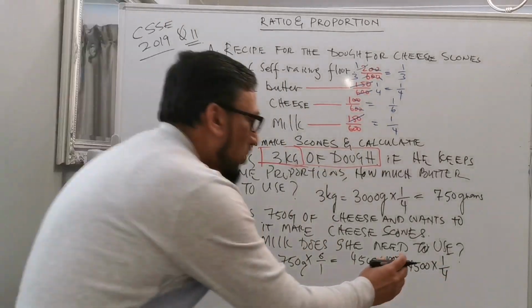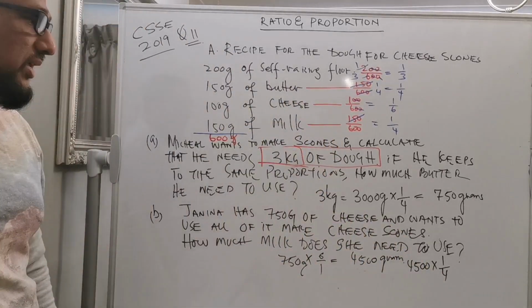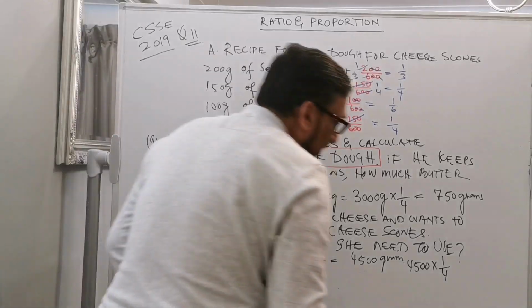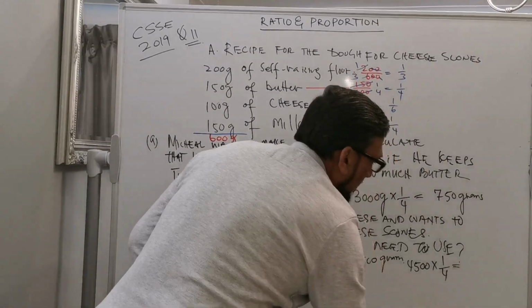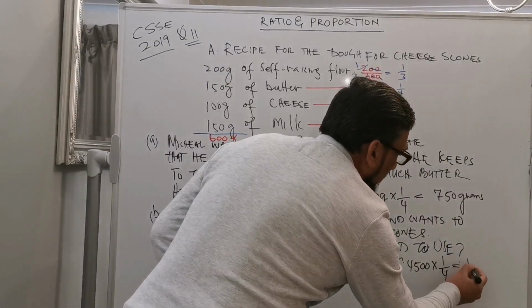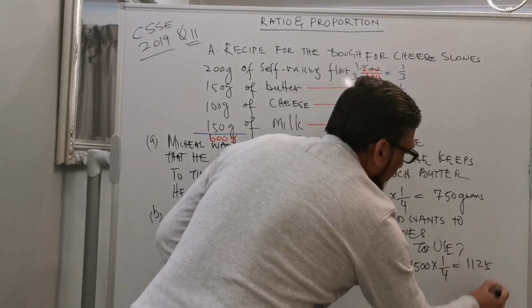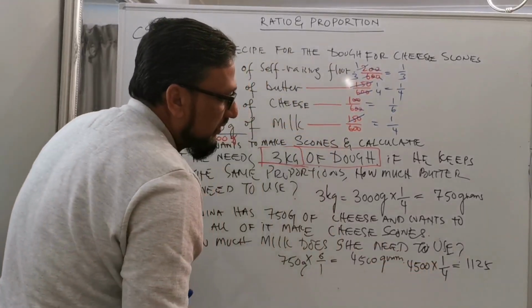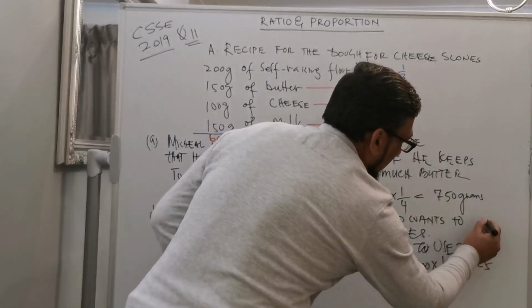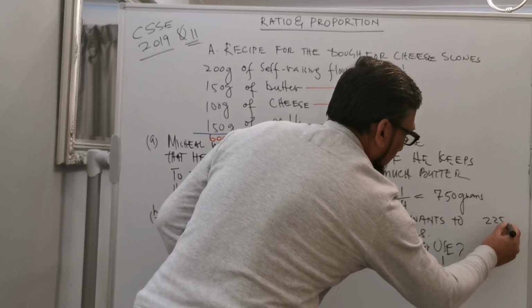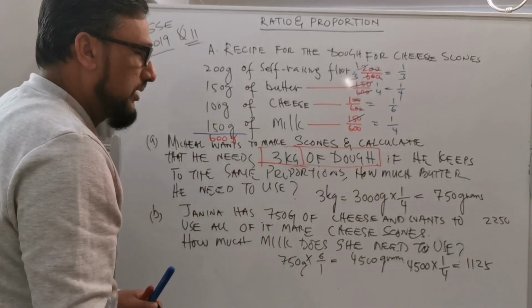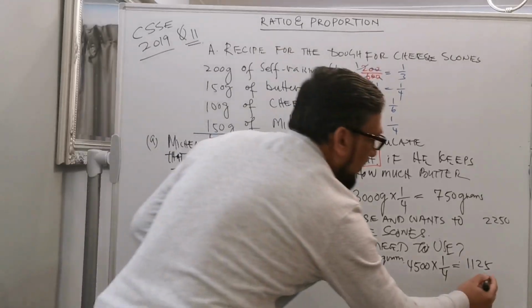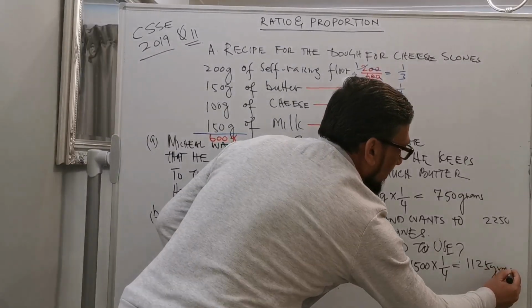So a quarter of 4,500 will be 1125. So half of 4,500 is 2250, and half of 2250 is 1125 gram. So this is your final answer.